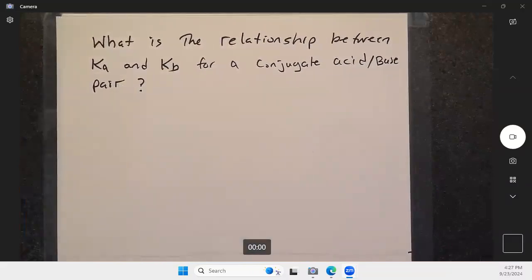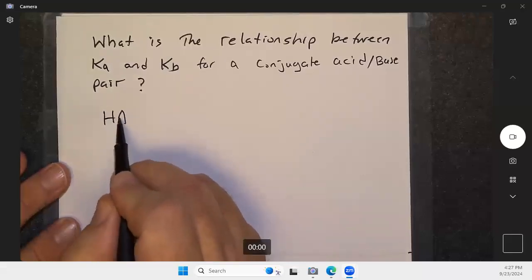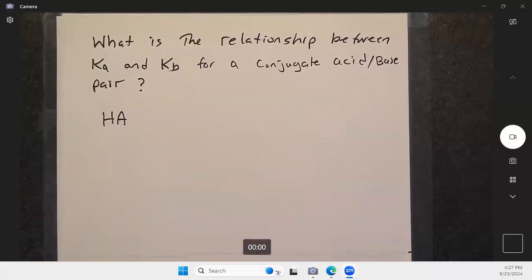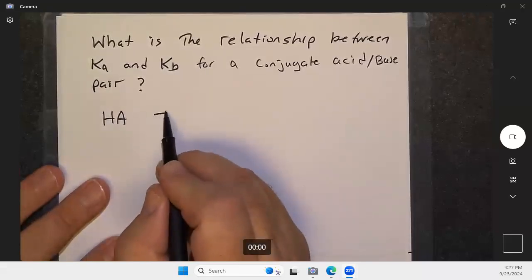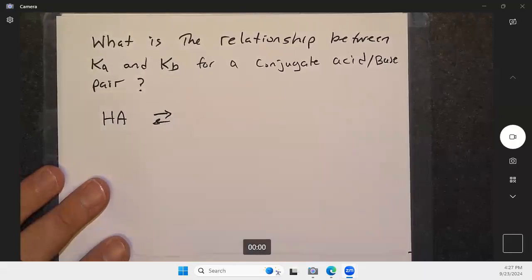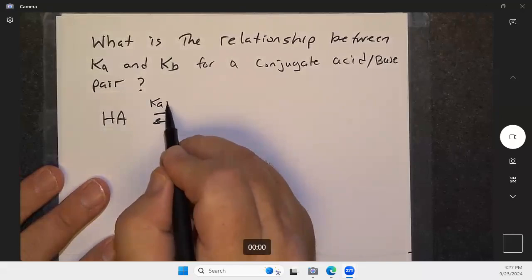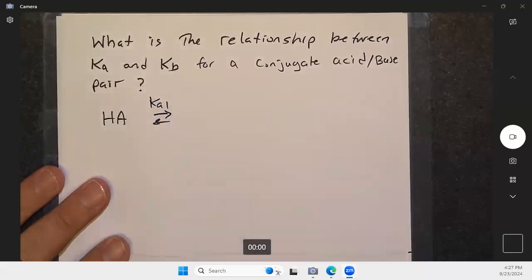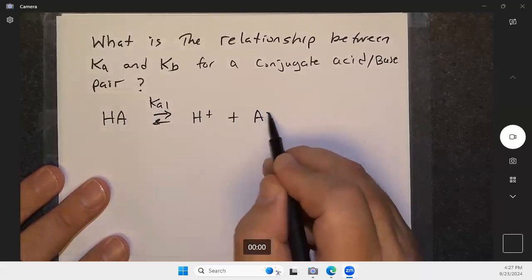And you might remember we've talked about this before. Let's take the generic reaction for HA, and I'll just have it ionize in the simplified notation to go through its Ka1 reaction to form H plus and A minus.